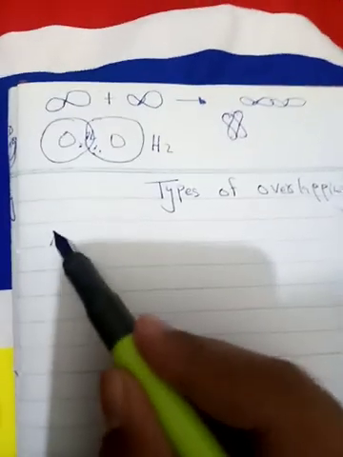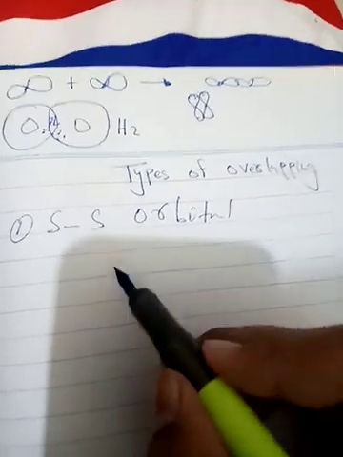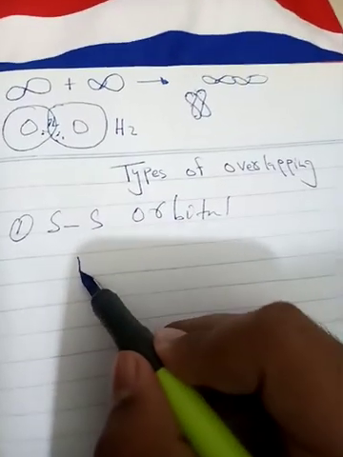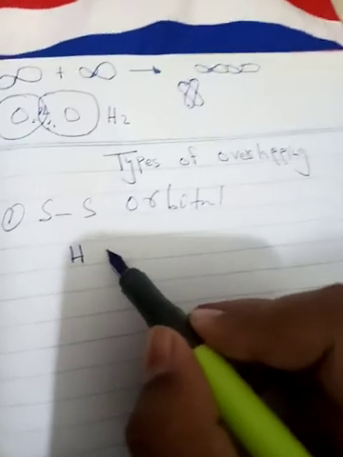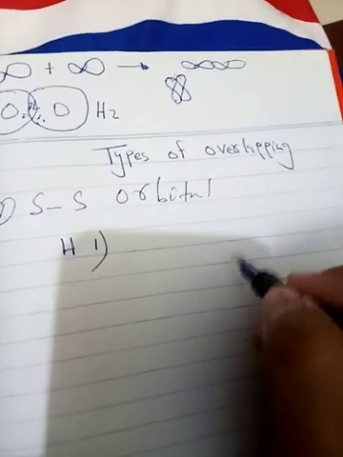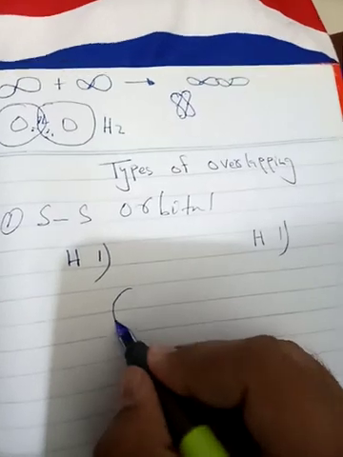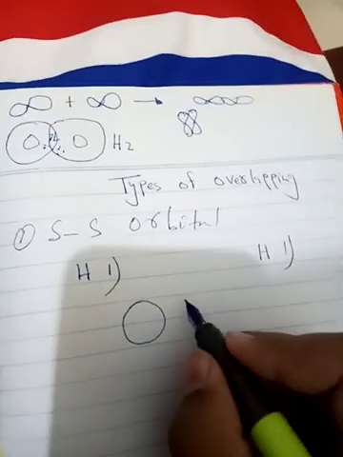So if you talk about types of overlapping, then I will answer that there are a total of three types of overlapping. Then you will ask which are those. Then I will tell you like this. First of all, there is ss orbital overlapping. In the hydrogen molecule, we have one electron in the valence shell, and there is one more hydrogen which also has one electron. Now they want to make a bond, and as you know, an s orbital has a round shape.